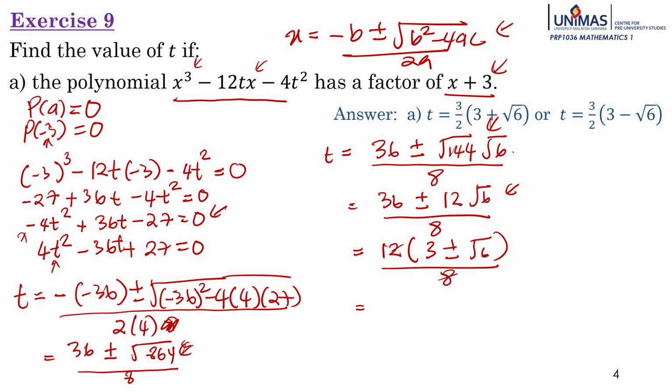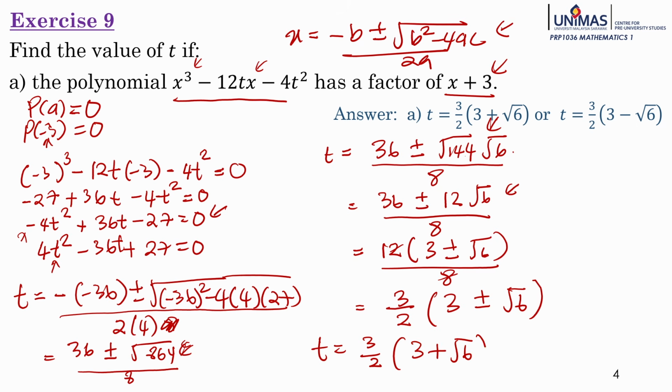Here we can get 3 over 2, times 3 plus minus square root of 6. So the final answer is t equals 3 over 2 times (3 plus square root of 6), or t equals 3 over 2 times (3 minus square root of 6). So this is the final answer.